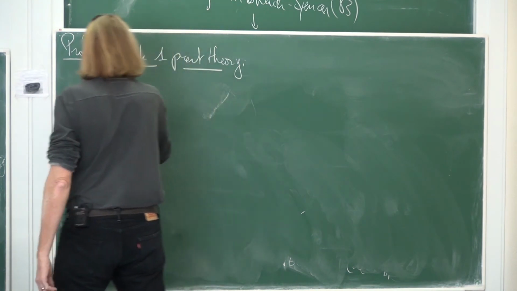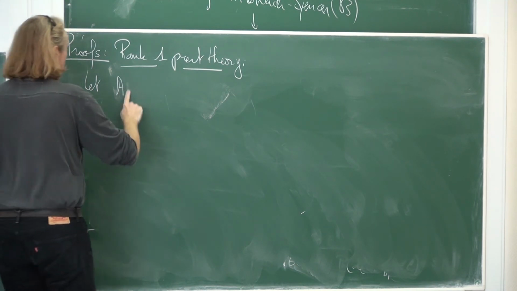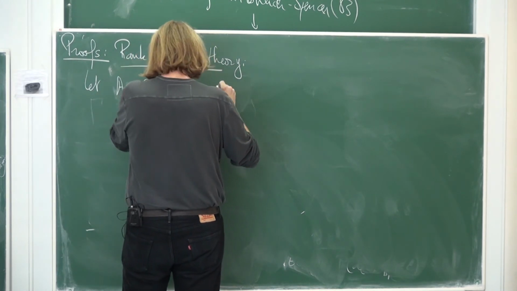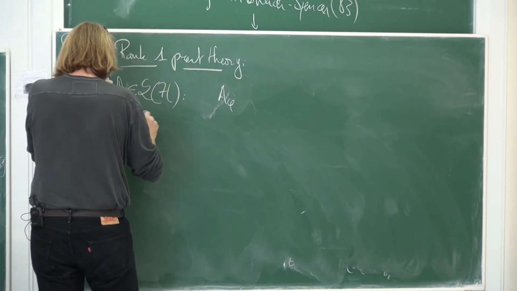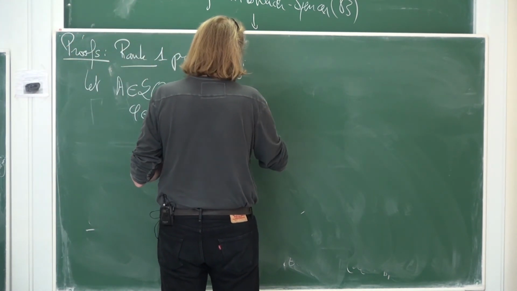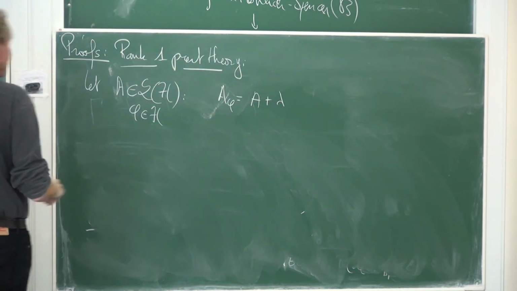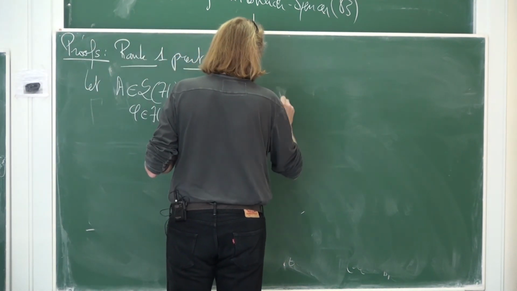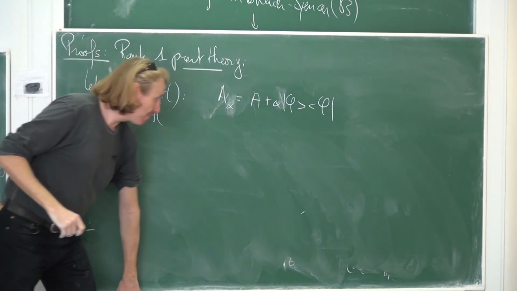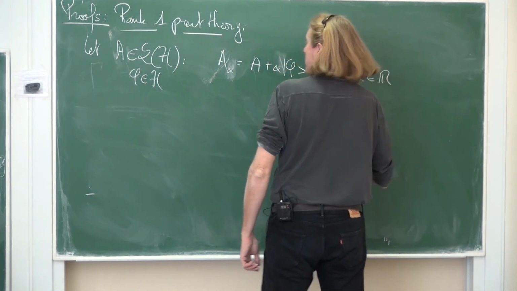Let's take an operator, bounded as the Anderson Hamiltonian is, as the Laplacian is, and take phi, a vector in the separable Hilbert space H. Let me call it A alpha, a rank 1 perturbation of A. Alpha is a real parameter, so I assume that A alpha is self-adjoint.